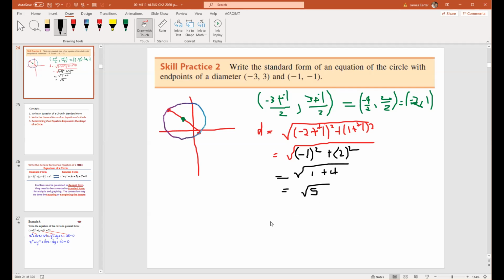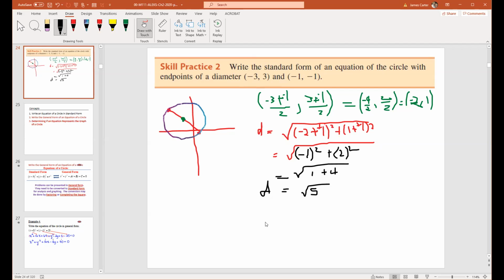Now, square root of 5 is an irrational number, and it's approximately, if I remember, 2.232, but just to be sure, I'm going to check it real quickly on my calculator off to the side.